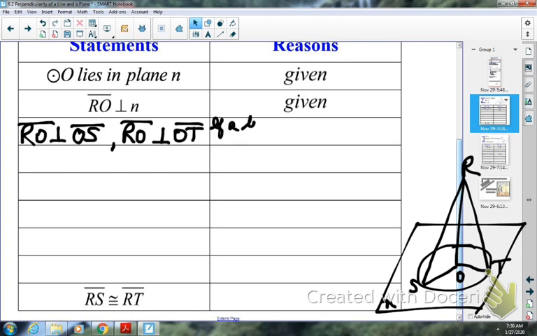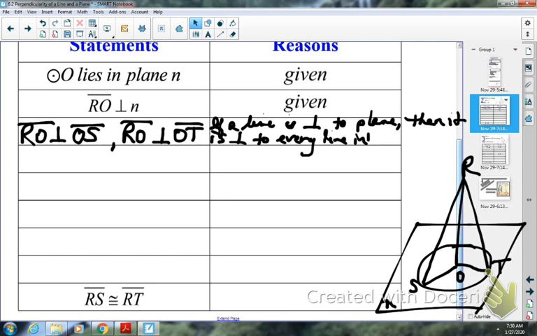If a line is perpendicular to a plane, then it is perpendicular to every line in the plane that passes through the foot.